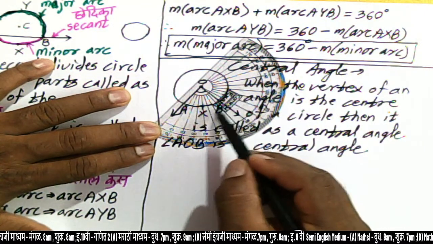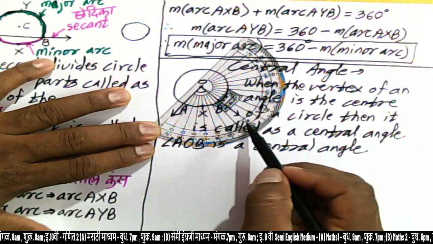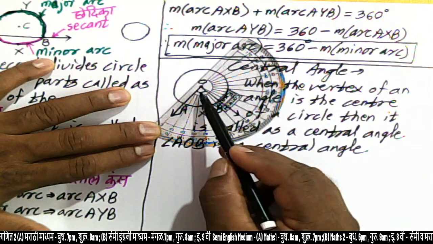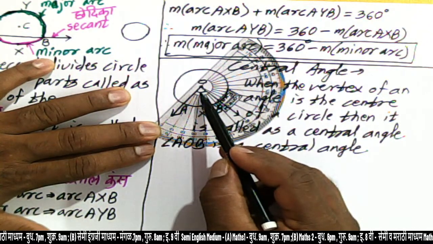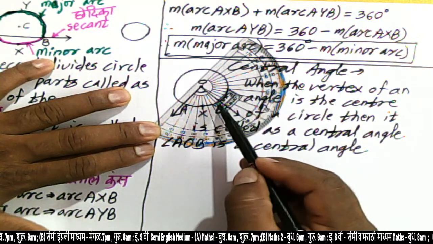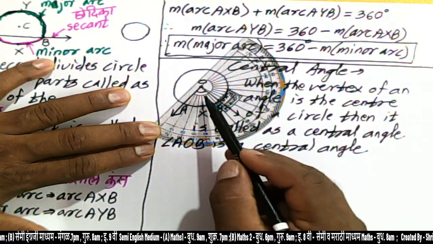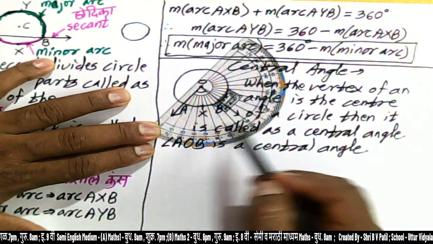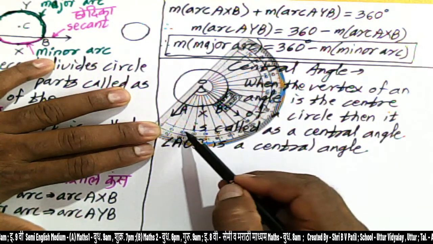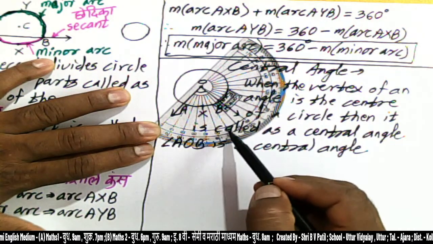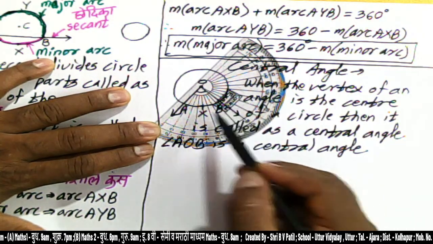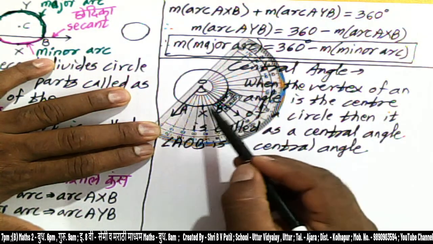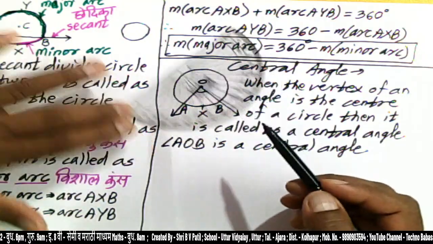Arc AXB, its measurement we also get 80 degrees. It means the measure of the central angle and the measure of the minor arc are both similar. This angle is 80 degrees. Here 0, 10, 20, 30, 40, 50, 60, 70, 80, and that minor arc AXB also has measurement 80 degrees.